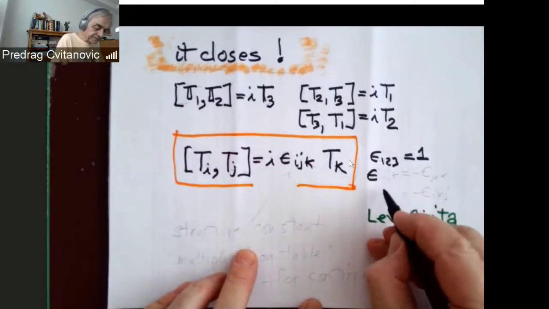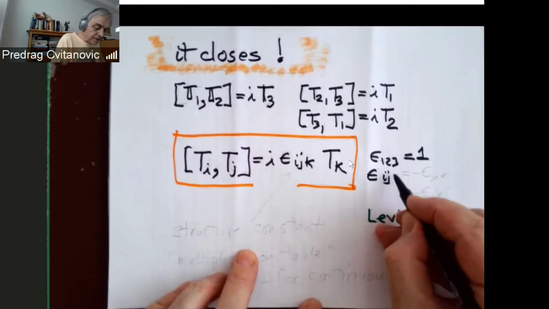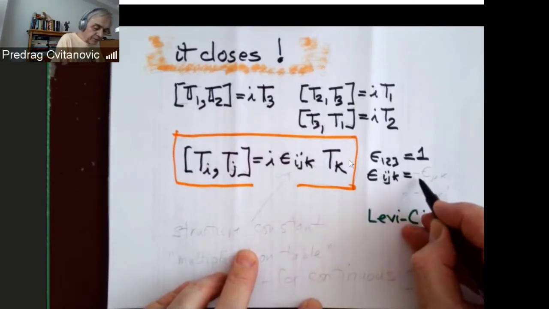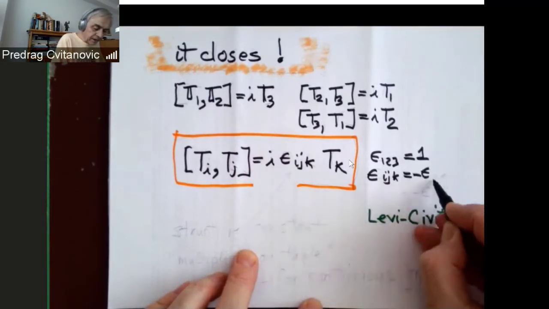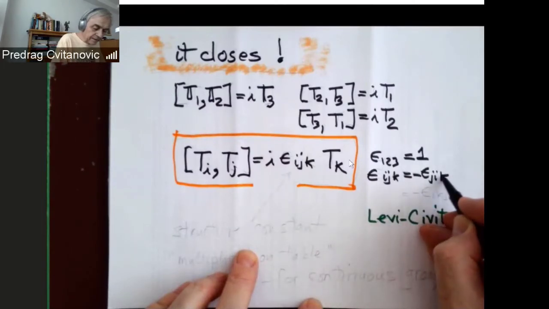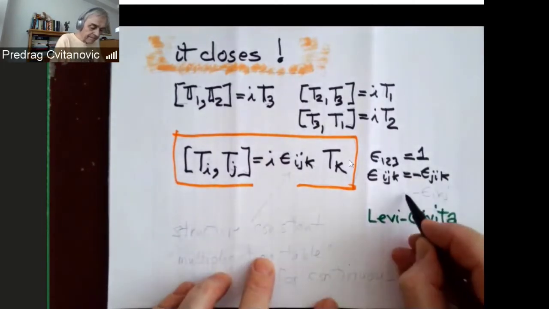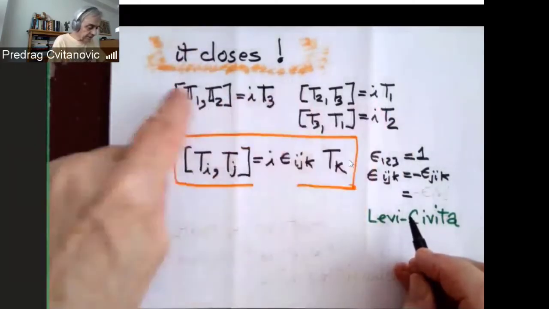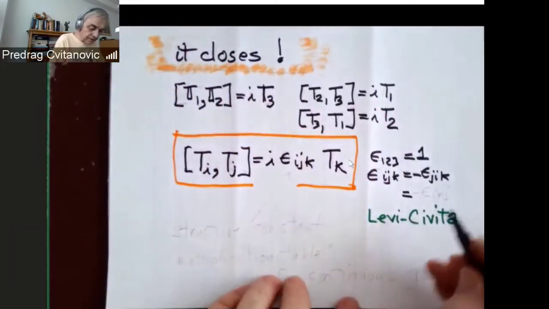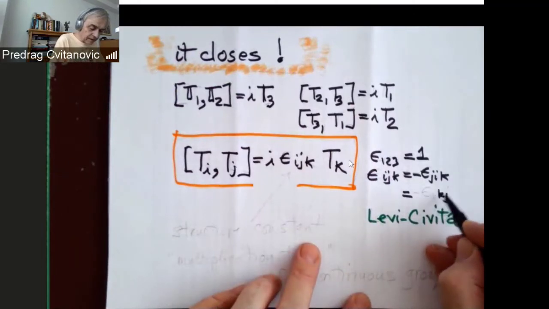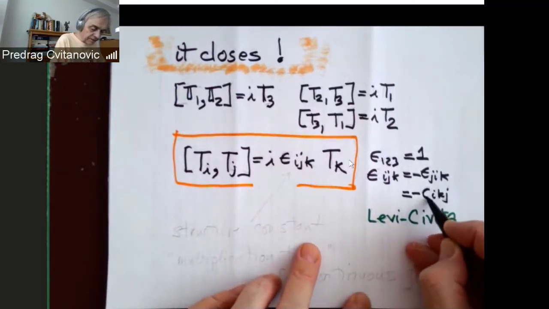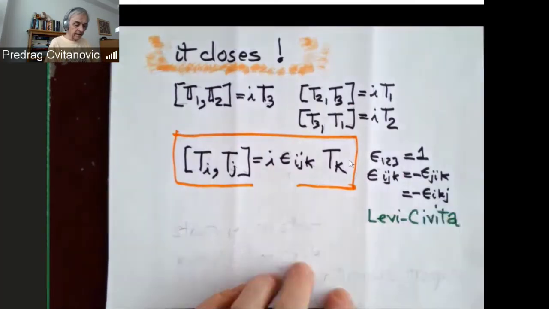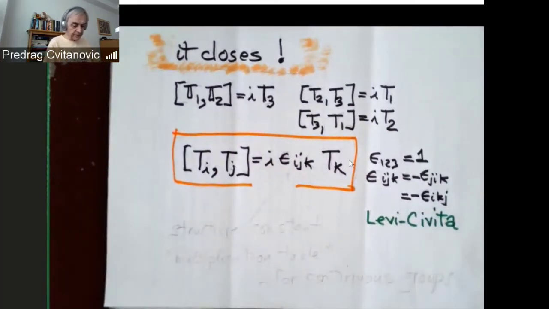So if I interchange first 2 indices, I get minus jik, okay, is a minus sign. And because of cyclic symmetry, I can also shift a little bit and interchange the last 2 indices, kji, get minus sign again. So it's a very simple tensor.